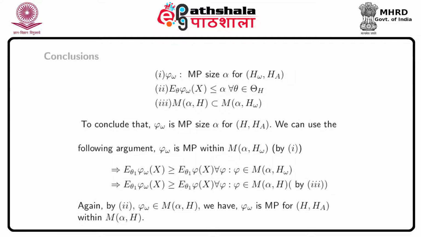Again, by statement 2, phi_w belongs to m_alpha(H). So we have phi_w is most powerful for H against HA within m_alpha(H), and that gives the result.